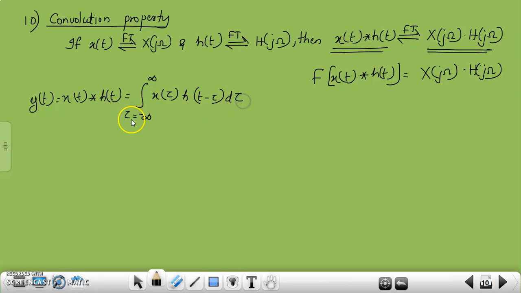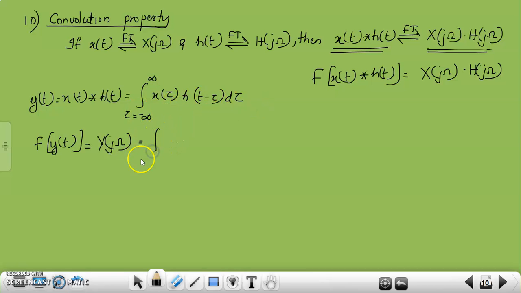This is the expression corresponding to convolution in time domain. Now I need to convert it into frequency domain, so I am going to take the Fourier transform of y of t, designated as Y of j omega, which is equal to the Fourier transform of this whole equation.